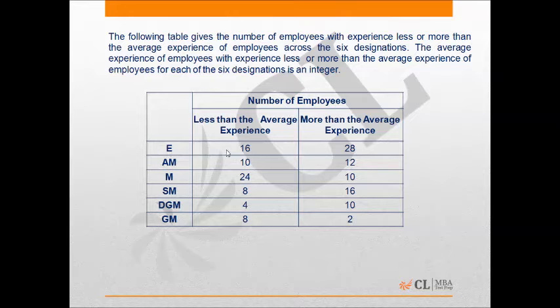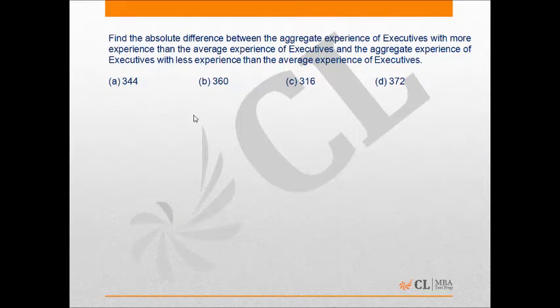From the table, it can be seen that the number of executives whose experience is less than the average experience of executives, which is 10 years, is 16, and that of those executives whose experience is more than the average experience is 28. Similarly, the same thing can be seen for other designations as well. So that's all about the information given in the chart and table. Now proceed to the questions.